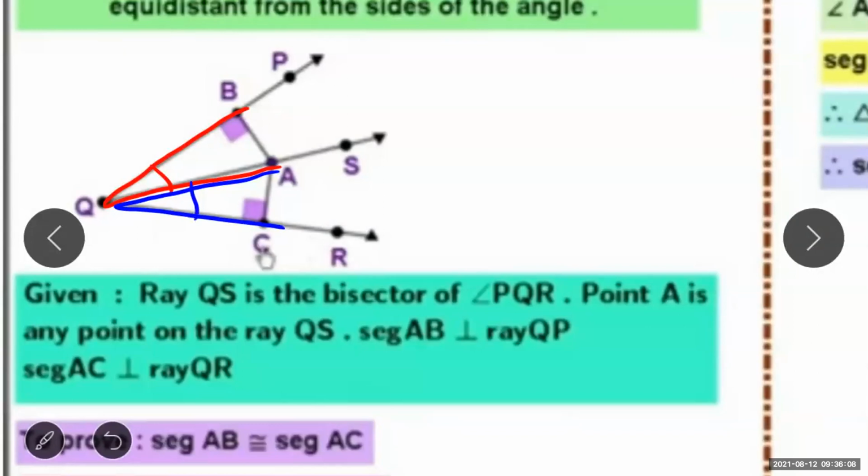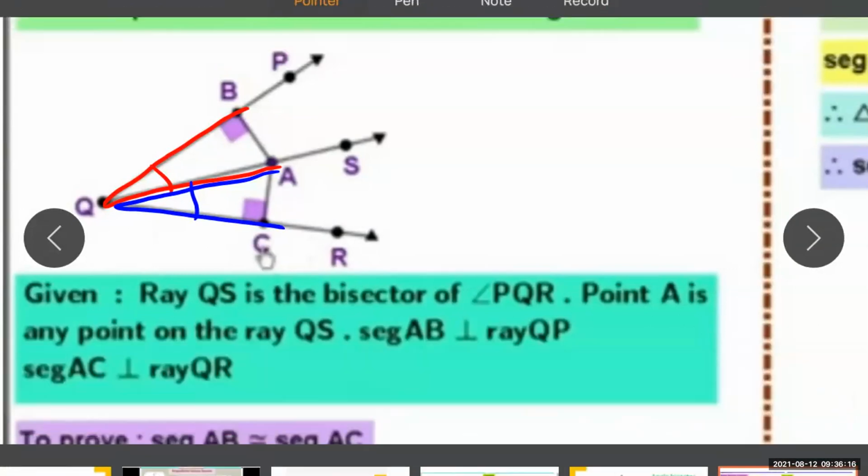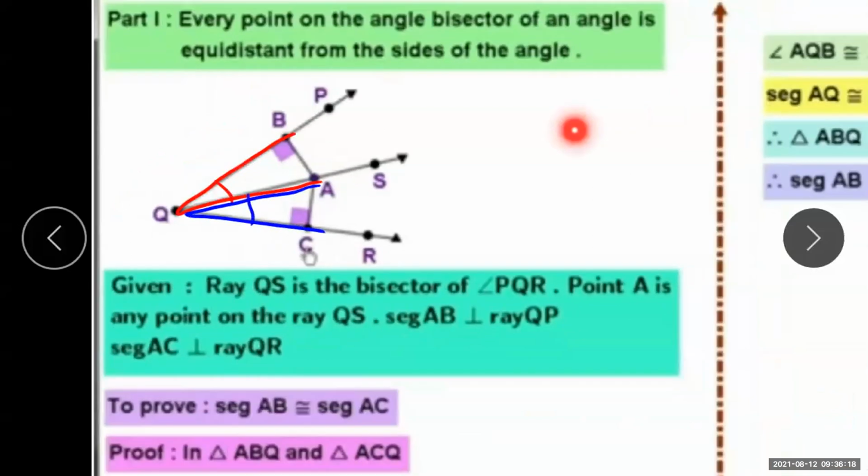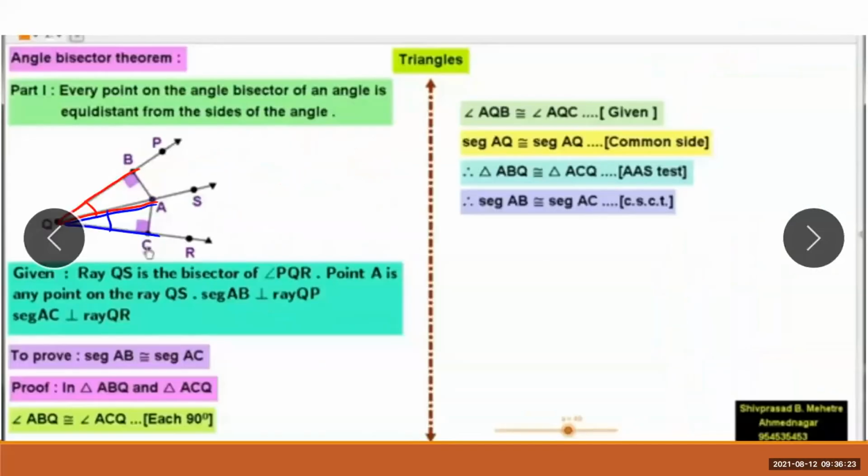These two angles are congruent because ray QS is the bisector. Okay. So that we can write. Now segment AQ is congruent to segment AQ. Here that is a common side. Segment AQ is congruent to segment AQ. The reason is common side.